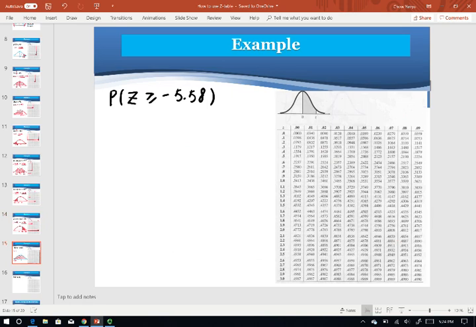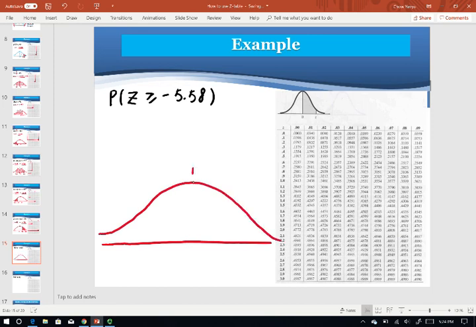Okay, now let's see some outliers. Zero. So negative 5.58. From here, bigger than should be everything on the right.